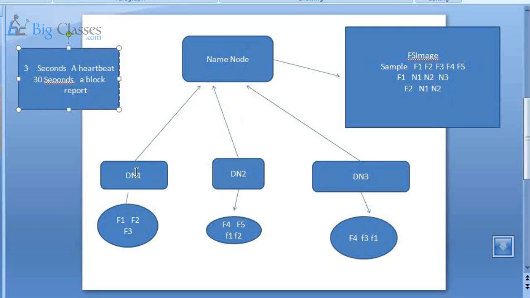Suppose a particular program is processing this F1 block, and that block is not available now. So right now this particular data node is dead at this point of time. You agree with me?